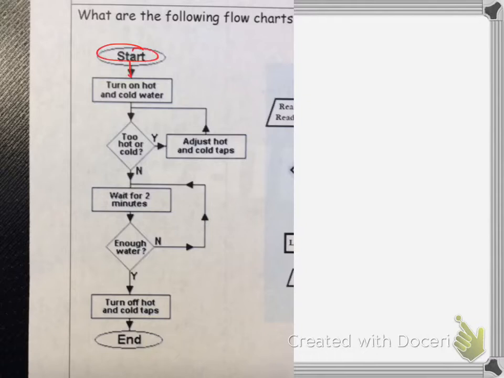And then it says turn on hot and cold water. And then it says too hot or cold. Did you see how the diamond one was a question? So too hot or cold, if the answer is yes, then you would adjust the hot and the cold taps. If the answer is no, then you would wait for 2 minutes.